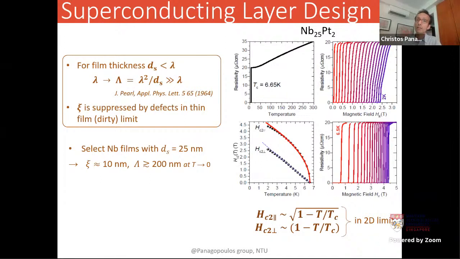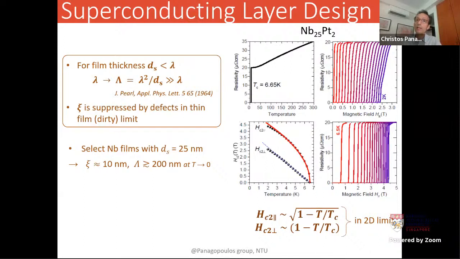In other words, in developing the niobium layer, we had to vary the film thickness in order to match the two important superconducting length scales with the skyrmion size, namely the coherence length and the penetration depth with the skyrmion radius. After a lot of experimentation, we selected and fabricated niobium films with a thickness of 25 nanometers.